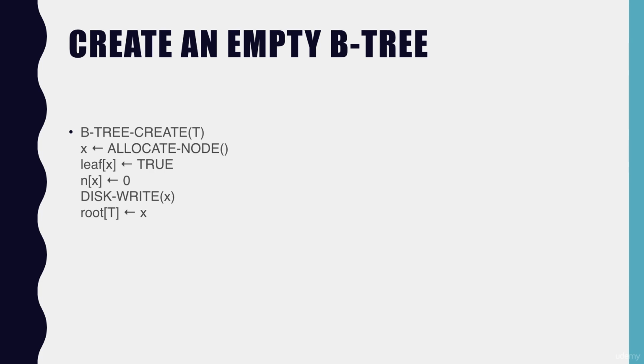We can assume that a node created by allocate node requires no disk read, since there is as yet no useful information stored on the disk. So B-tree create of T requires order of 1 disk operations and order of 1 CPU time. Here you can look at the algorithm for B-tree create.